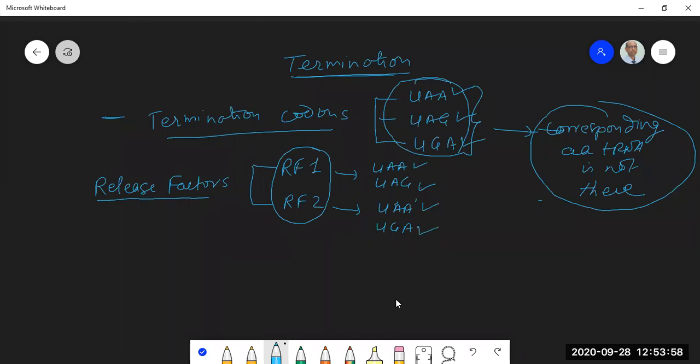Okay, so what happens next? Once the release factor binds to the termination codon, any one of these three, at the A site of the ribosome, it activates peptidyl transferase.